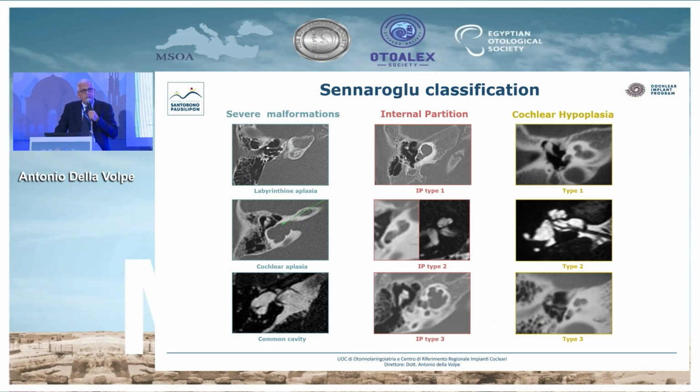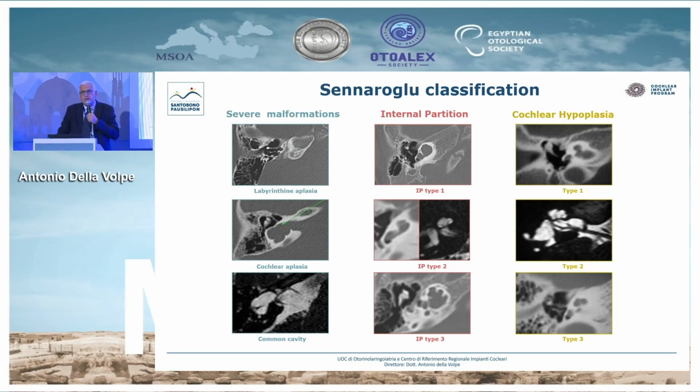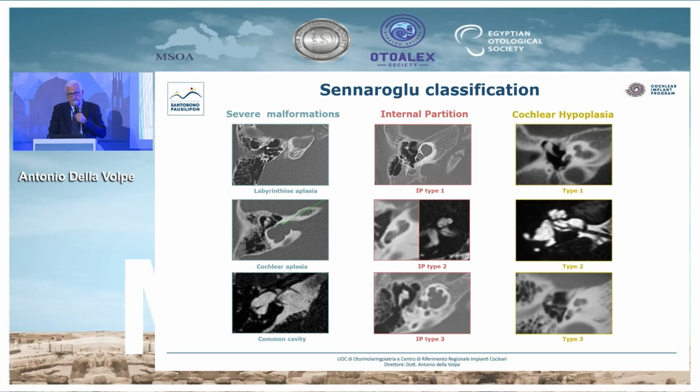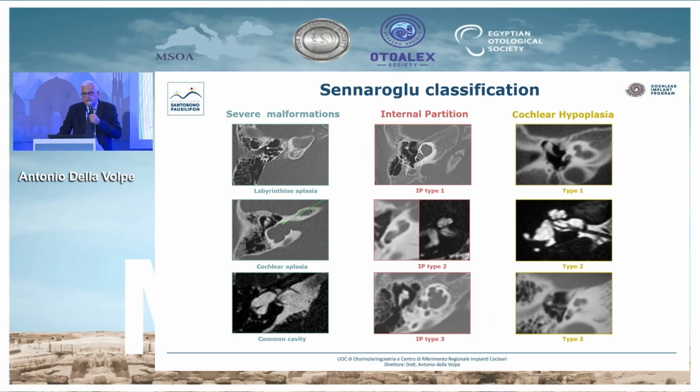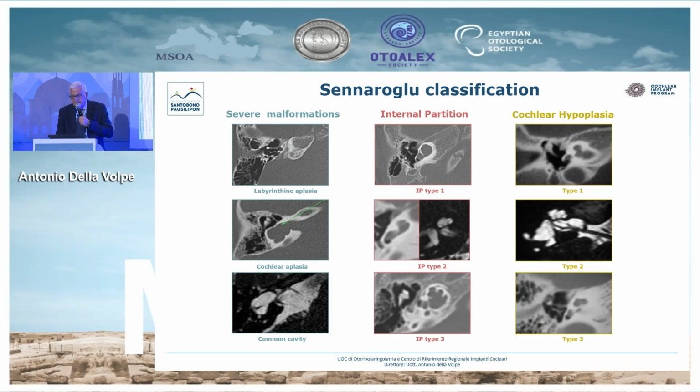For example, in incomplete partition type 1 and incomplete partition type 3, the most frequent complication is the gusher. So you have to choose a specific electrode that can close the cochleostomy to avoid the gusher and to avoid infection in the patient after the surgery.